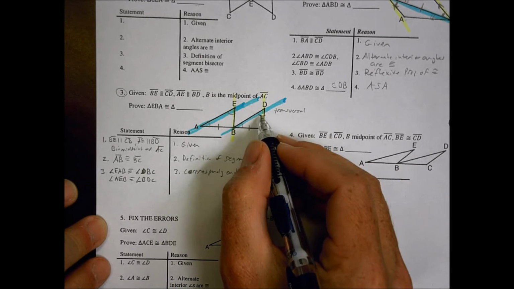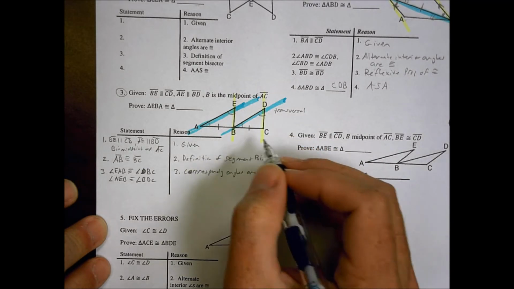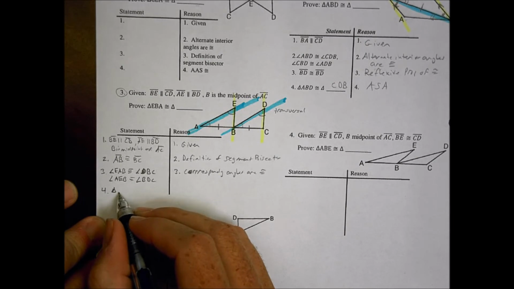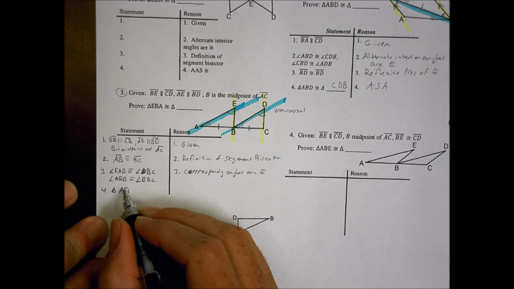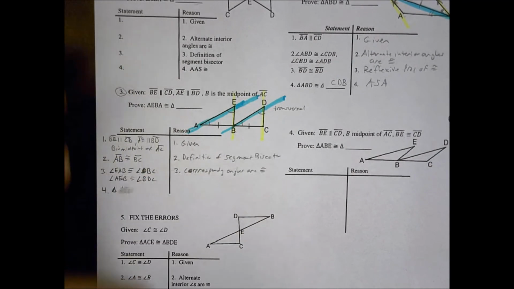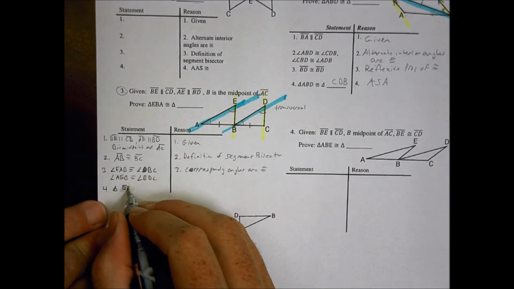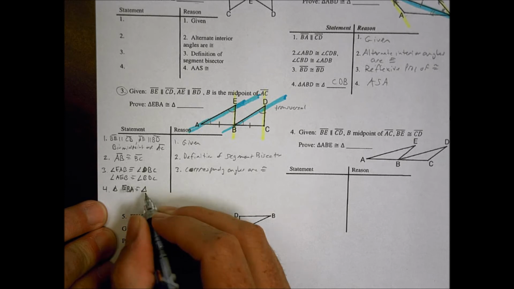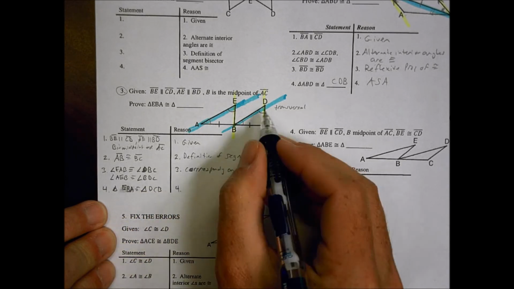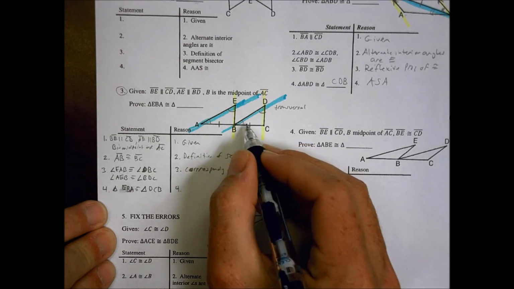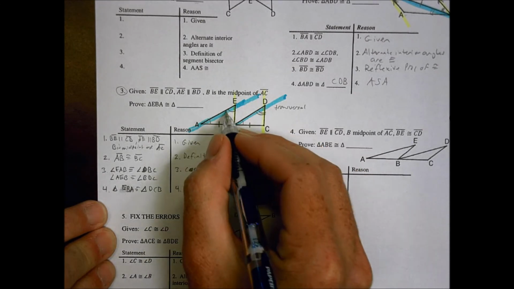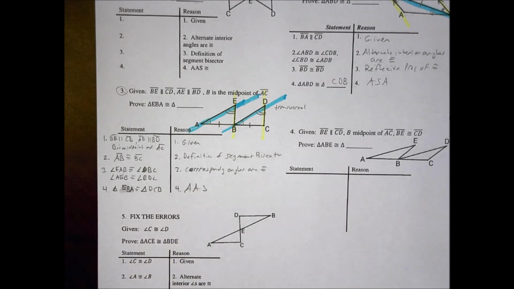So now I have an angle, and a side that's not included. So I can say that triangle EBA is congruent to triangle DCB, and the reason for that in our case is angle, side, angle, side. Okay, so that's how you would work that out.